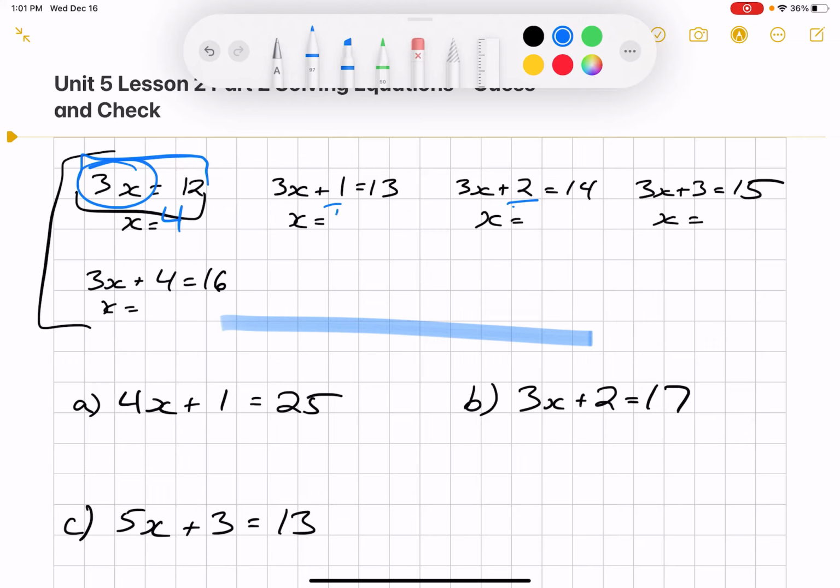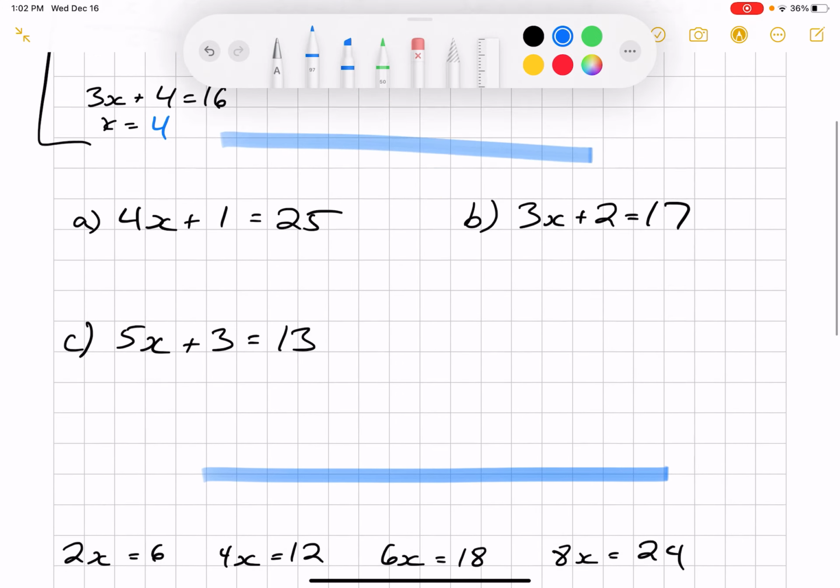And then that is the same throughout, but you had to take the 1 away first in order to be able to come up with what x is. So that is what we are going to do in this next part.